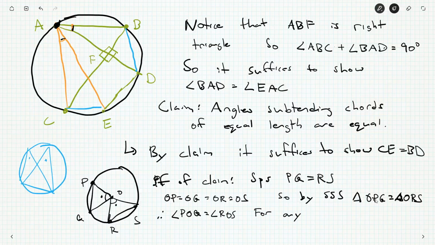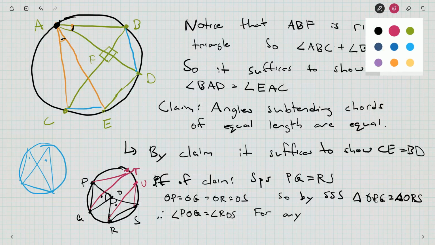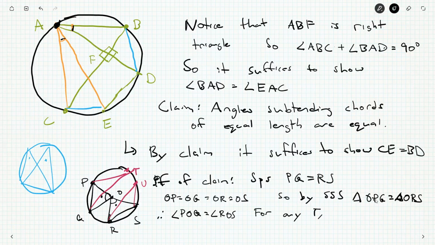Now for any other points, and we'll use another color, so for any point T here, and I don't know, any point U here, it's well known, and I prefer to call this the Star Trek theorem, and I've actually seen people cite it as such. But basically, if we've got a chord and we connect it up to the center and connect it to some other point, the angle at the center is twice the angle at the point.